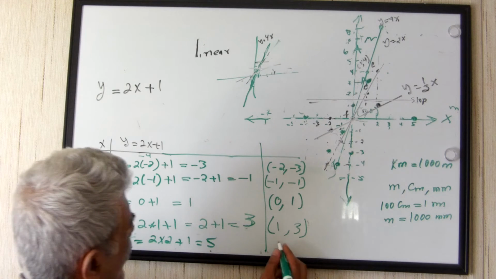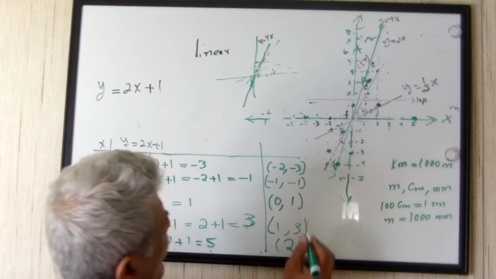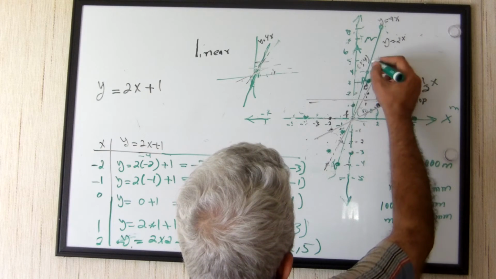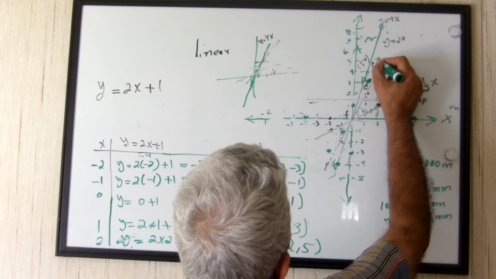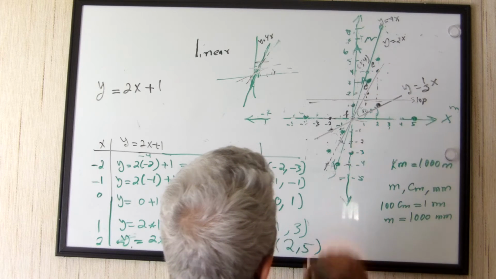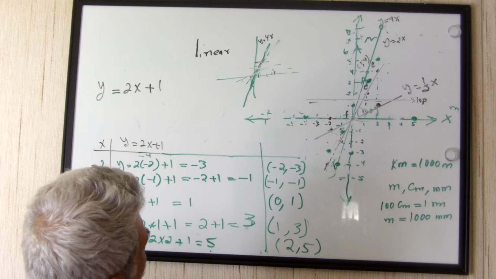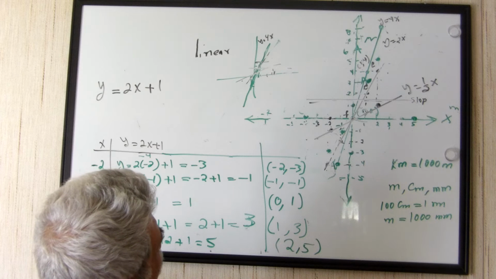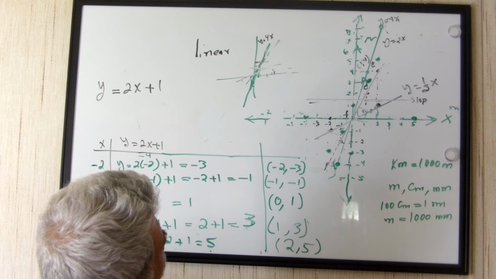Then we have 2 and 5. x is 2, y is 5. Another point.